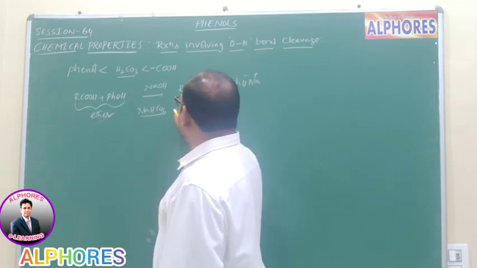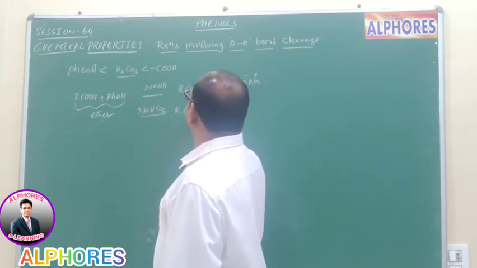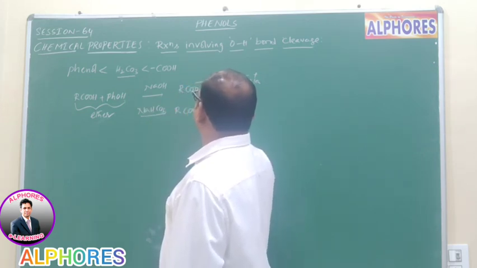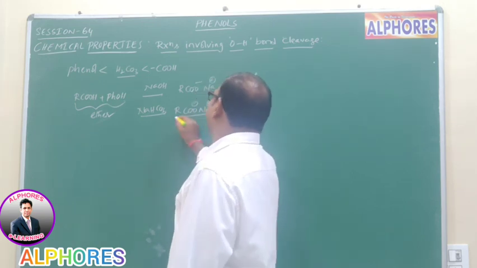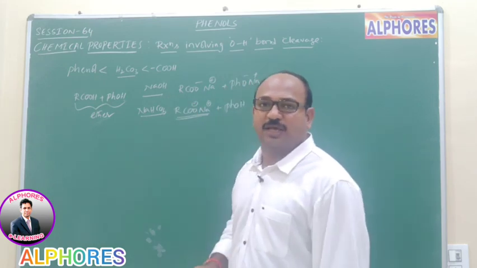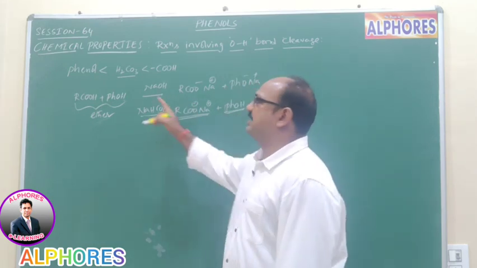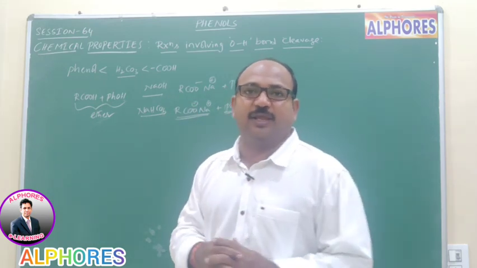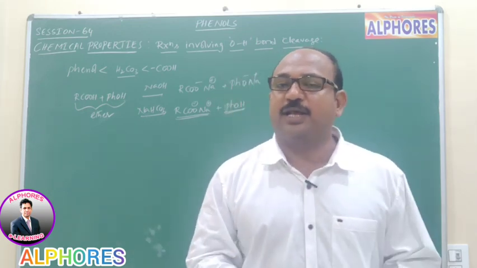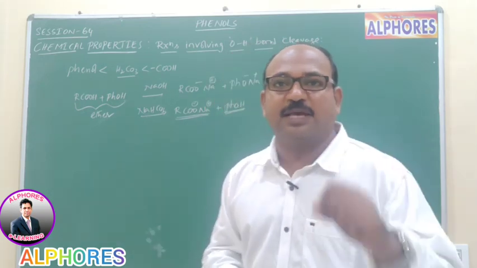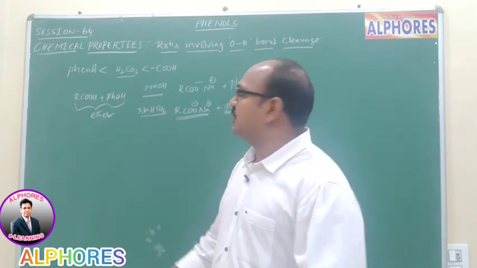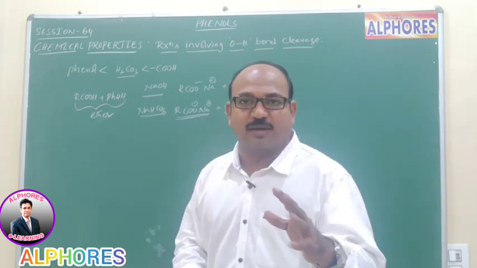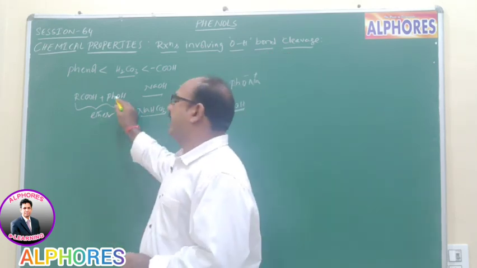Upon reaction with sodium bicarbonate we get RCOONa, and phenol remains as such. Since RCOONa is a salt, it is soluble in water, and phenol still remains in ether. So it is very clear that a mixture of phenol and carboxylic acid can be separated by treatment with sodium bicarbonate, since sodium bicarbonate reacts only with carboxylic acid and does not react with phenol.